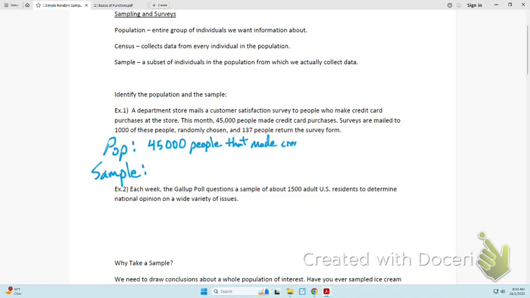Credit card purchases at a department store in a month.